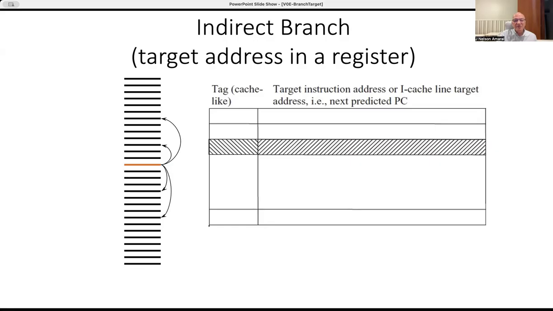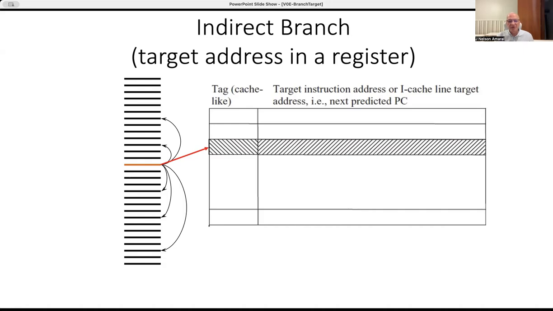What happens here is that if this branch is mapped to a BTB using the address of the branch as index plus tag, this branch will always map to the same entry in the BTB. And as it changes targets, I am not able to store multiple targets of this branch.